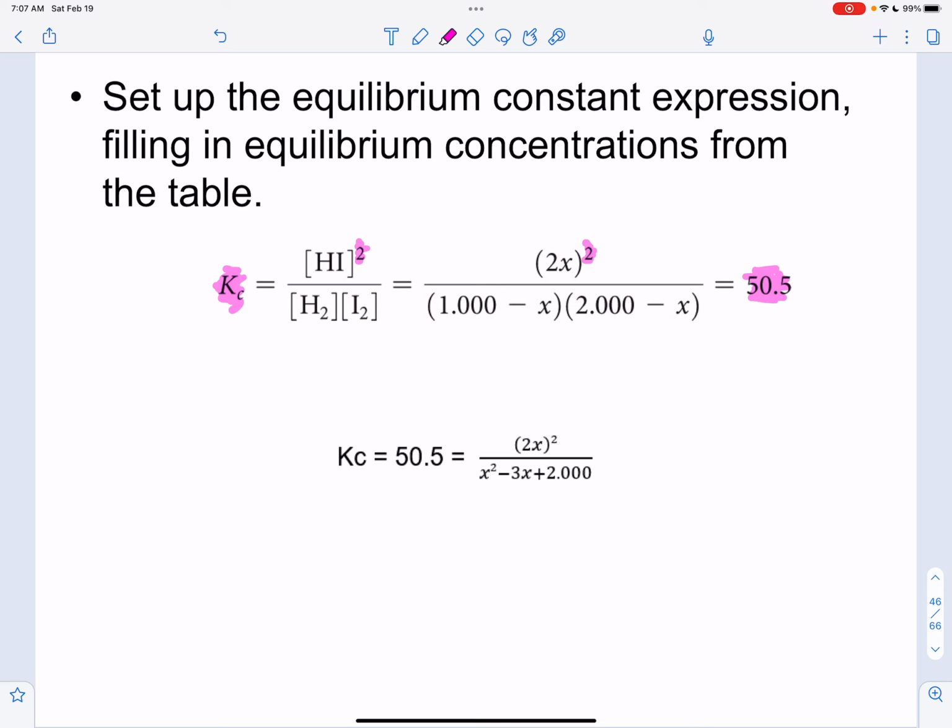So what you're gonna do, you're gonna expand the expression. So, doing what you already know about dealing with polynomials, you come up with that quadratic expression.